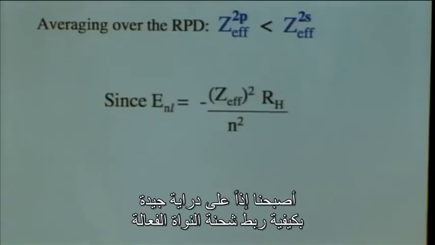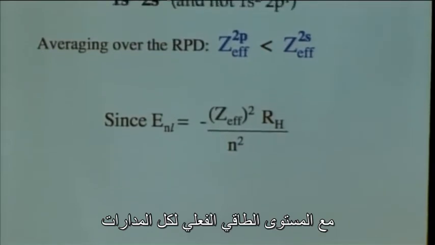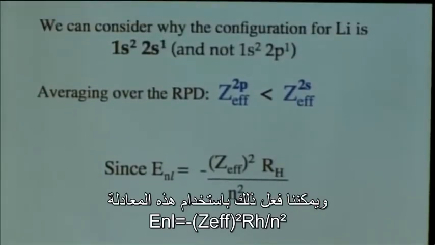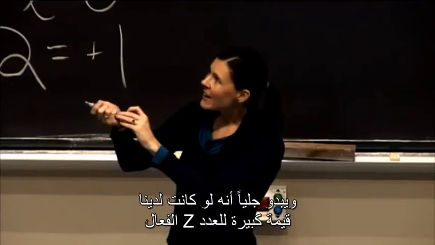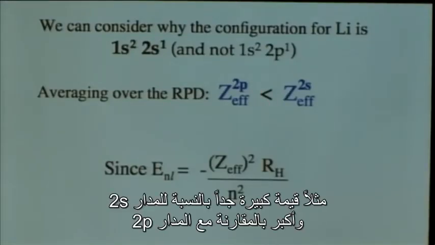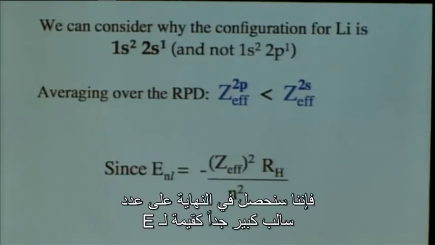So we know that we can relate Z effective to the actual energy level of each of those orbitals, and we can do that using this equation here, where it's negative Z effective squared R_H over n squared. We're going to see that again and again. And it turns out that if we have, for example, for 2s, a larger Z effective than for 2p, and we plug in a large value here in the numerator, that means we're going to end up with a very large negative number.